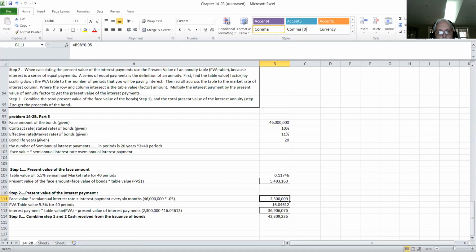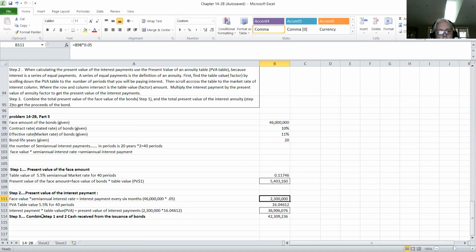Then we have to determine the present value of this interest payment, which makes us use the present value of the annuity table. We're using the market rate this time, which is 5.5%, half of 11%, for 40 periods. That's 20 periods times 2, which is 40 periods.